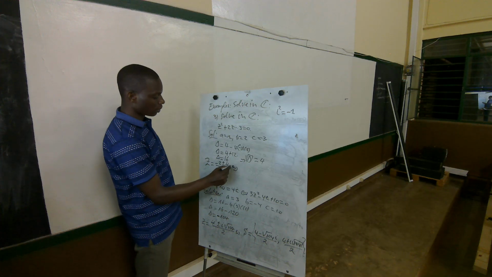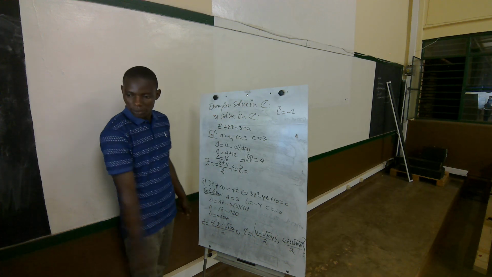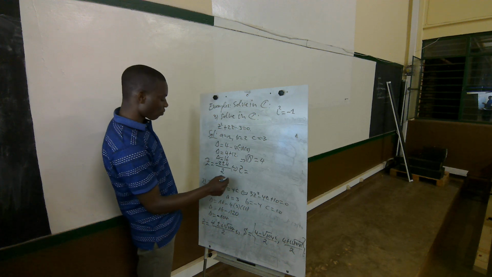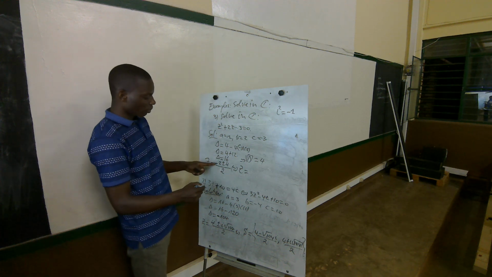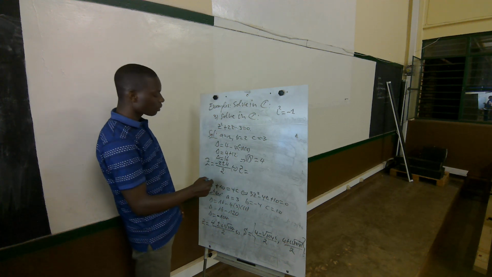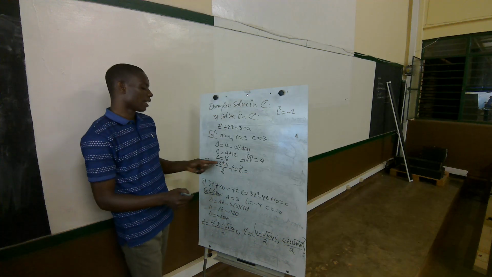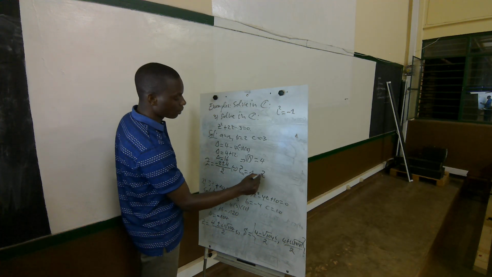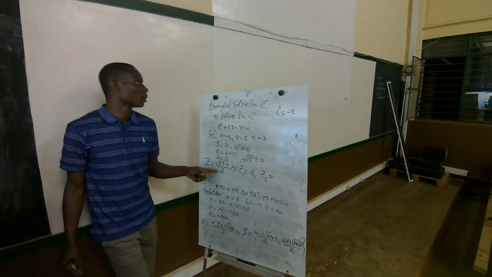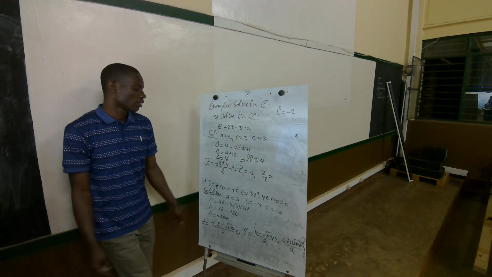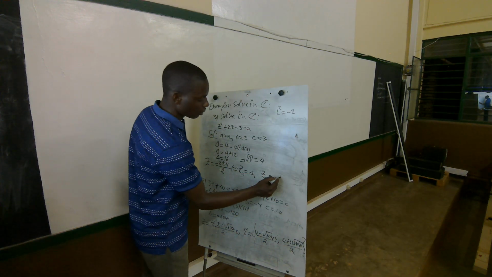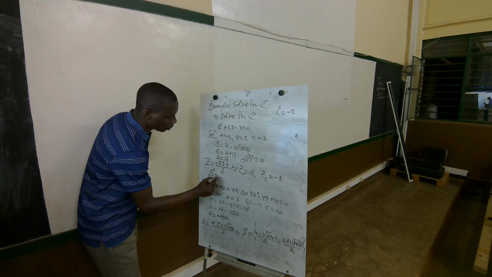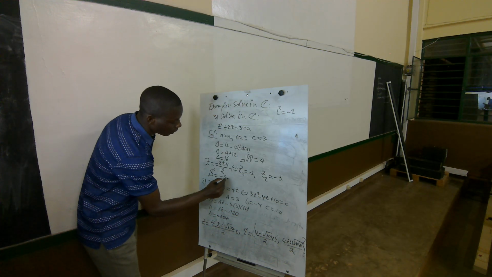Now this is equivalent to z being, with the plus, 2 over 2 which is equal to 1, that is z1, then z2 will be equal to negative 6 over 2, that is negative 3. Now those are the two real roots, and the solution is negative 3 and 1.